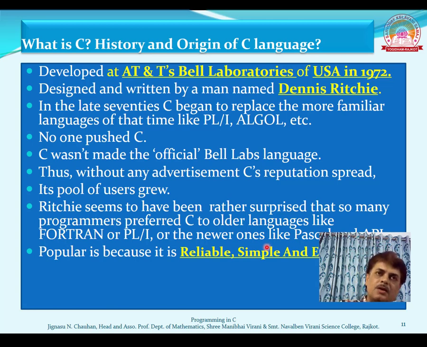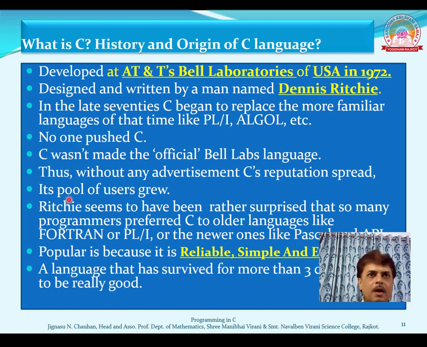C was popular because it is reliable, simple and easy to use. A language that has survived for more than 3 decades has to be very powerful and really good.